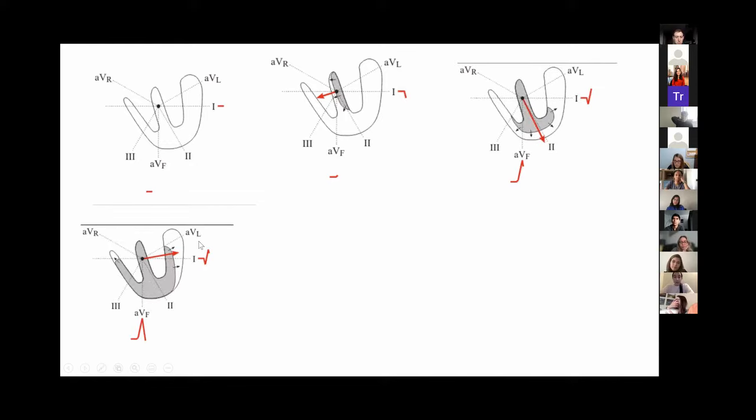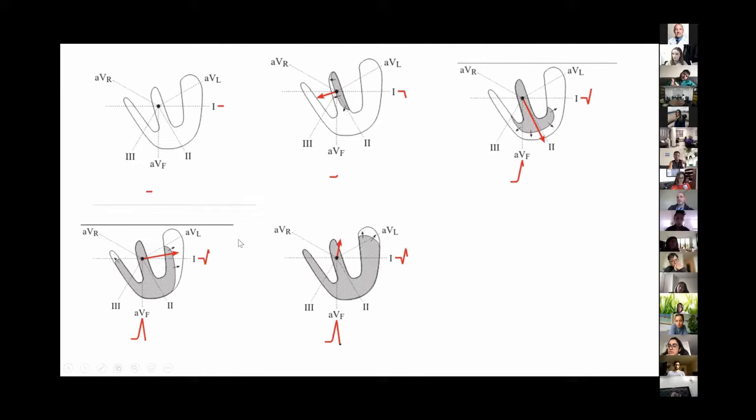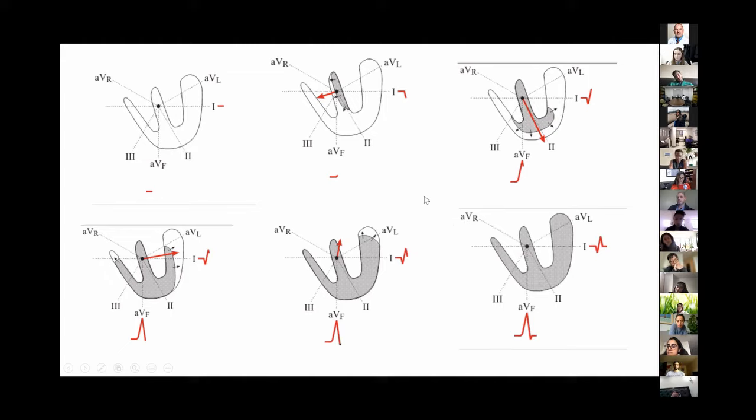The next moment goes more towards the left side, and finally depolarizes the basal lateral wall, and you have full depolarization. This is very important to understand, because then you get a full understanding of bundle branch block morphologies and other ventricular arrhythmia morphologies. Without this, it's really just a guessing game based on the width of the QRS complex.